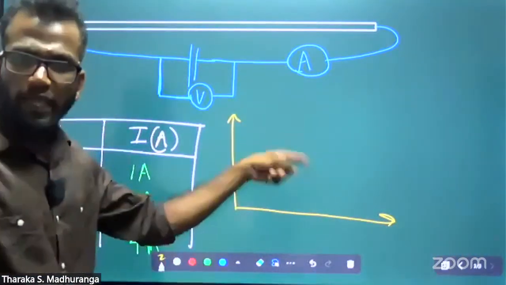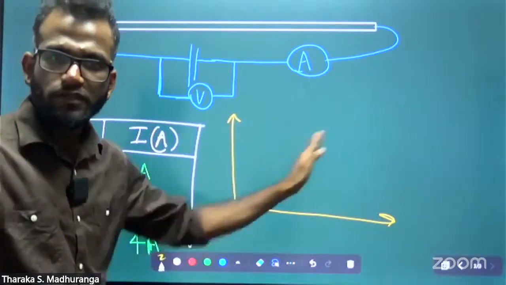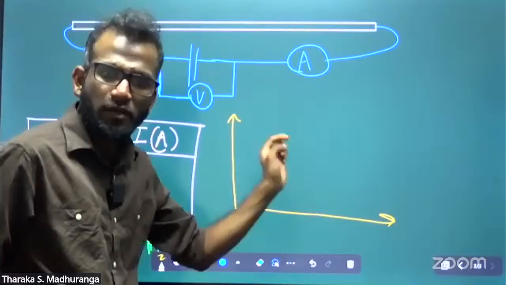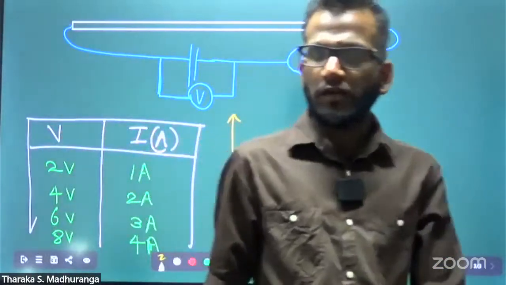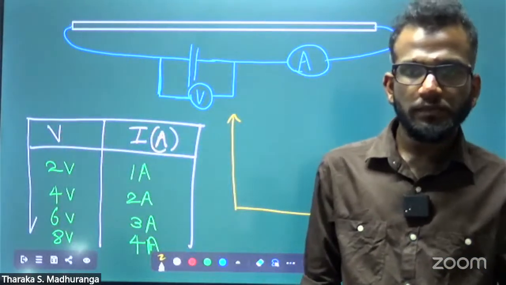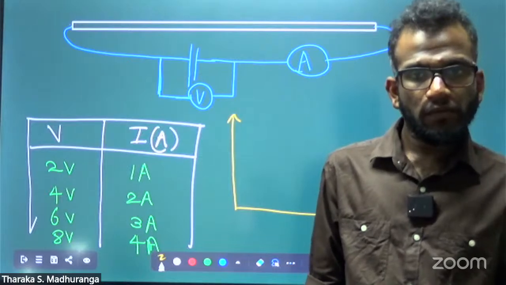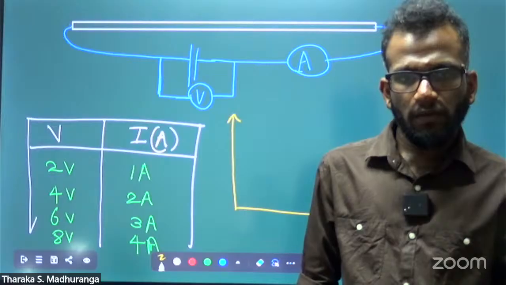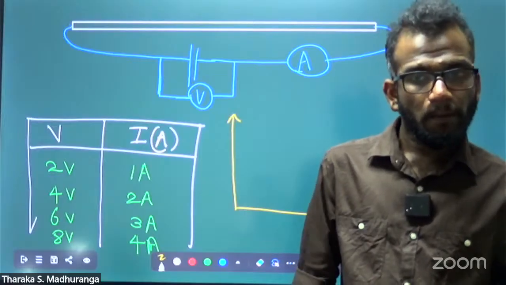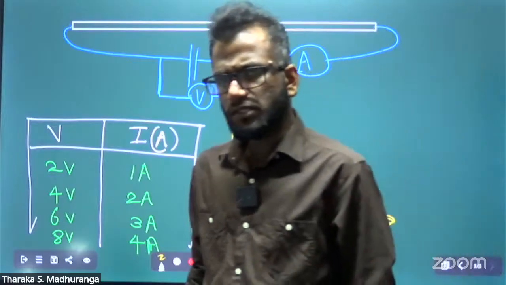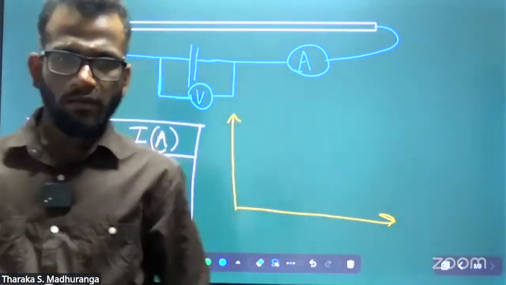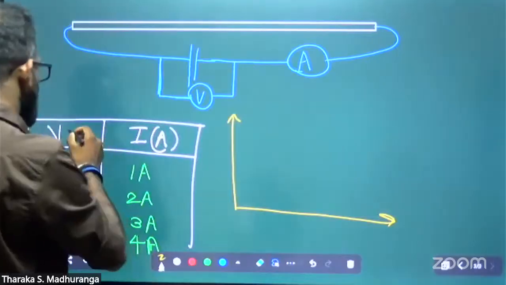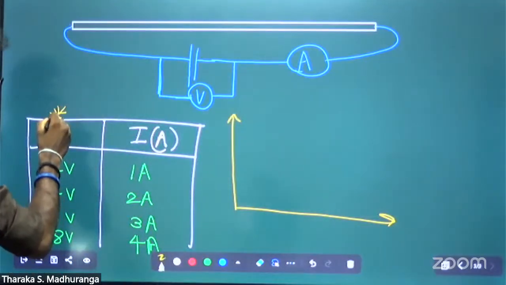Then is voltage on the x-axis or y-axis on this graph? On this Cartesian plane, what do you think?